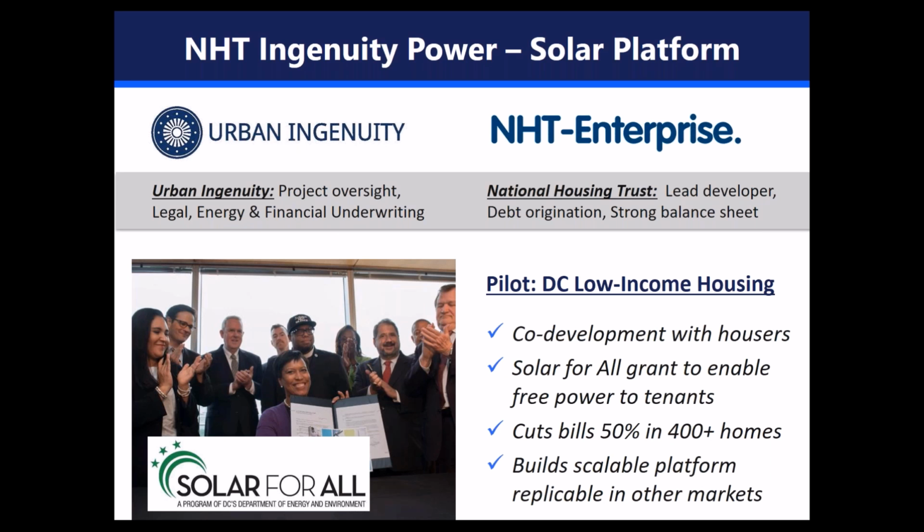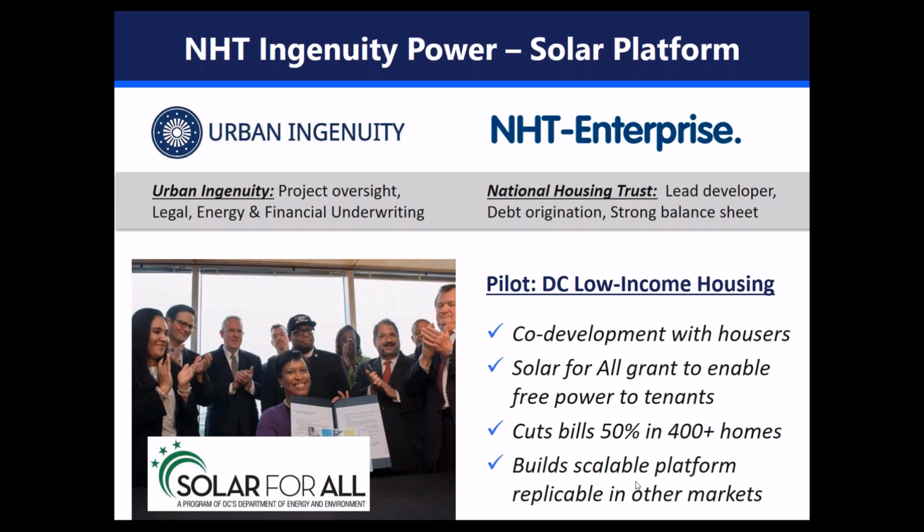So we're working with NHT to really launch this, co-developing over 3 megawatts of solar across the district, and we're giving away a megawatt of that energy directly to provide low-income benefits to income-qualified, very low-income folks in subsidized and LIHTC housing.